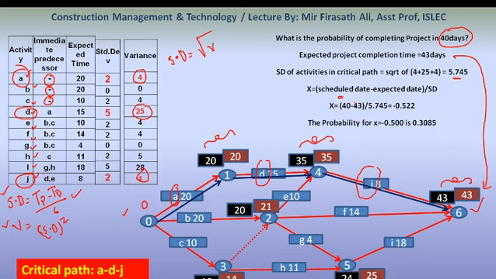We get the probability for this value from the z scores, about 0.30, which means the probability of completing the project in 40 days is approximately 31%. We have seen the charts of those z scores.